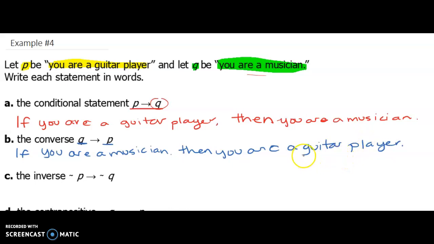Now I challenge you to do C and D on your own, at least try it. Pay attention to the squigglies, which just means not, and then we'll be back to go over it.